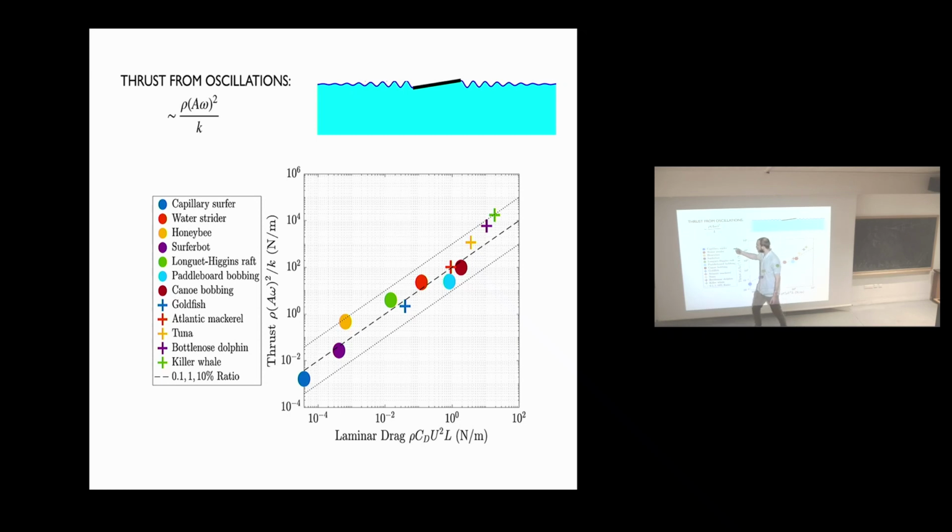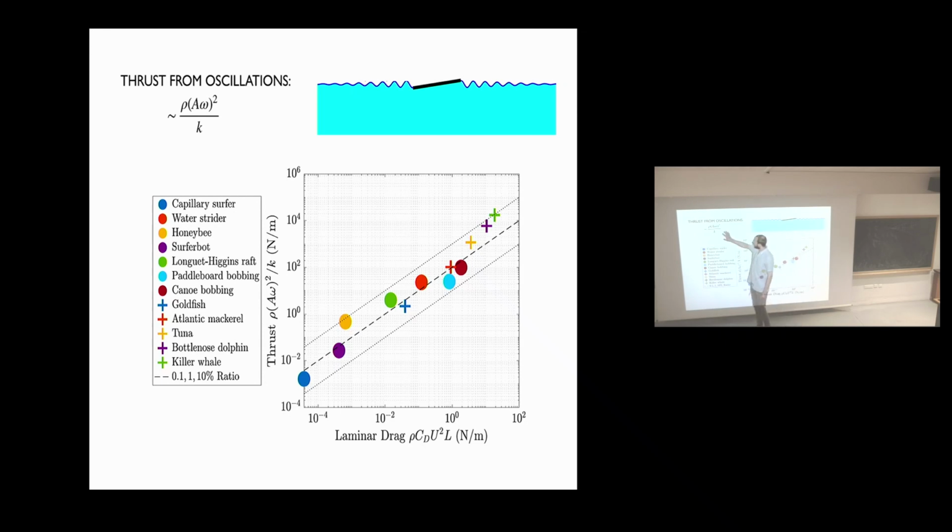So everything from honeybees, surfer bots, some results of Longuet-Higgins from the 60s using a plank of wood which is bouncing up and down, gunnel bobbing, also some fish that swim. So obviously they're not making waves, but they're generating vortices, and I wanted to also compare to them.